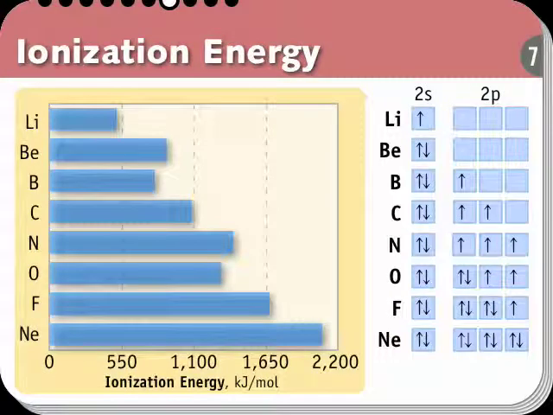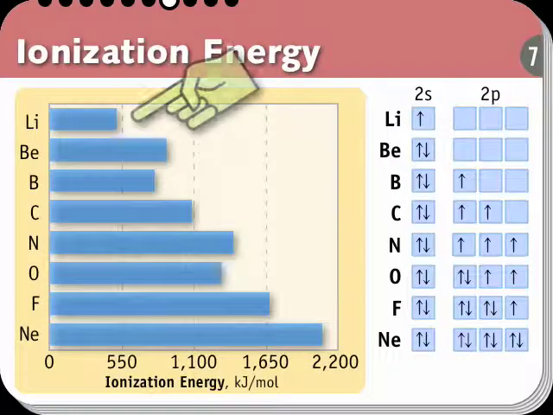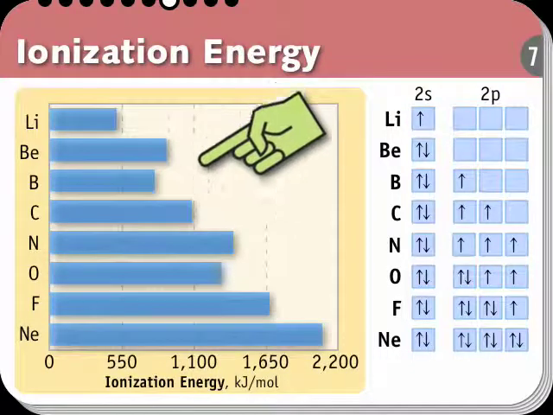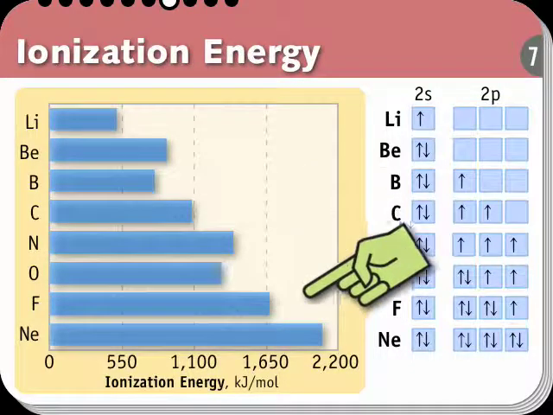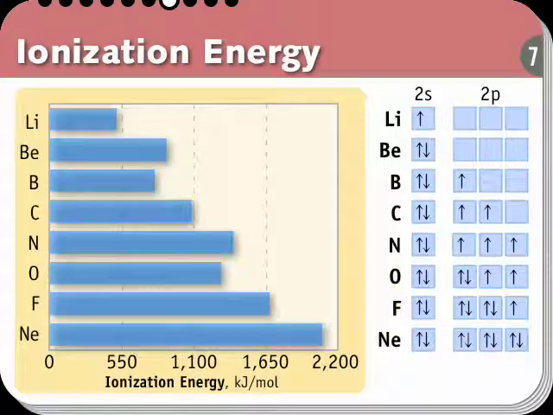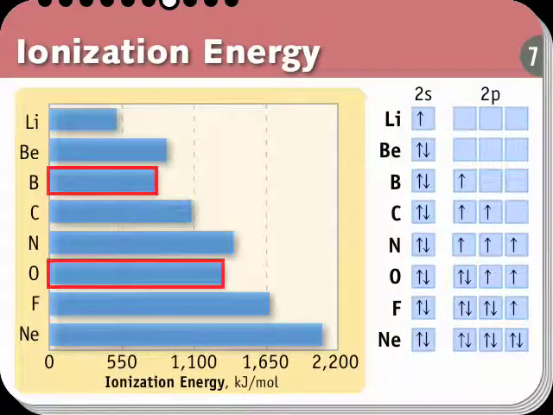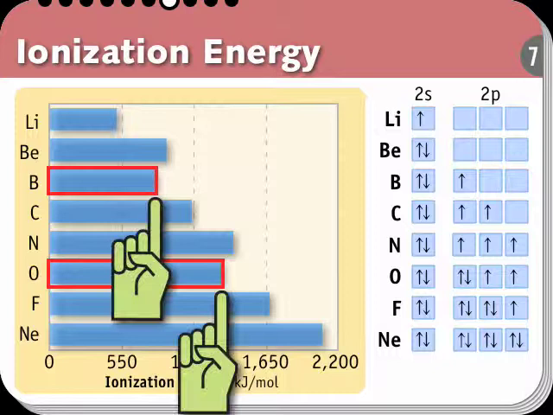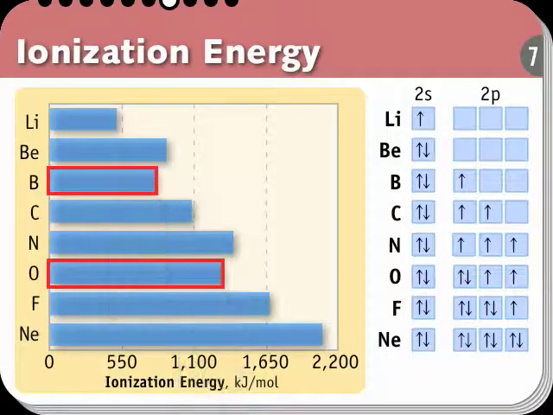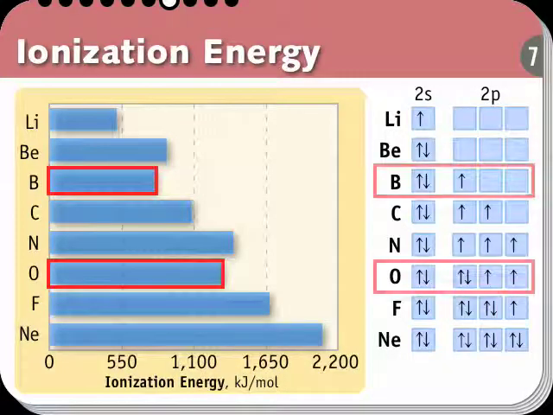It is interesting to look at the trend in ionization energy in just a bit more detail. The increase in ionization energy across the table is not nicely linear. For example, the ionization energies of boron and oxygen are just a little lower than we might have expected. The underlying causes of this are related to their electron configurations and give us some insight into the details of atomic structure.